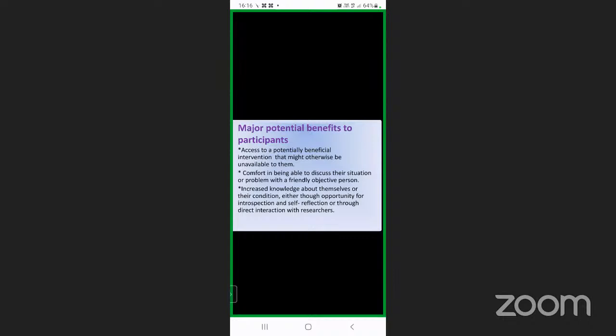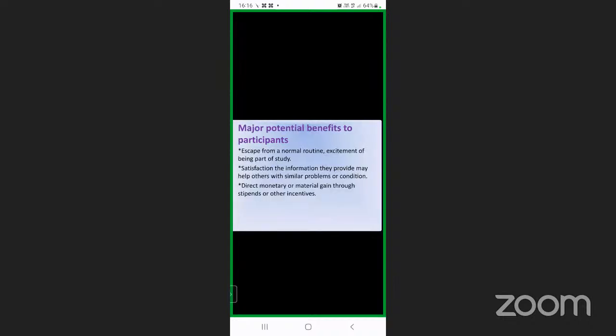Then the opportunity for introspection and self-reflection, or through direct interaction with the researcher. Then they escape the normal routine, the excitement part of the study. Then satisfaction, that the information they provided may help others with similar problems.